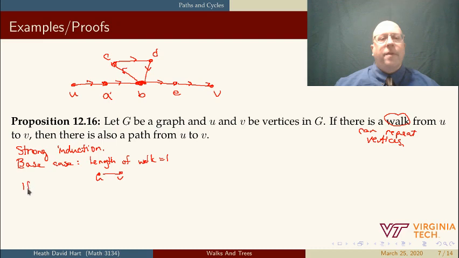So if there is a walk of length 1 from U to V, then it is automatically a path.